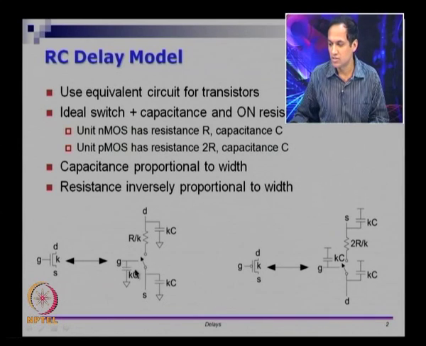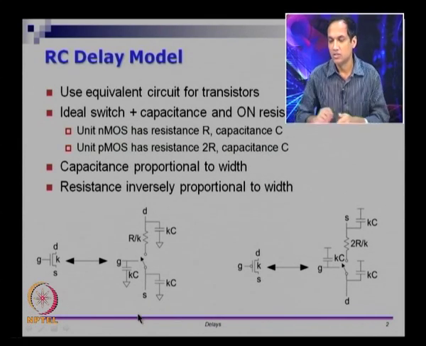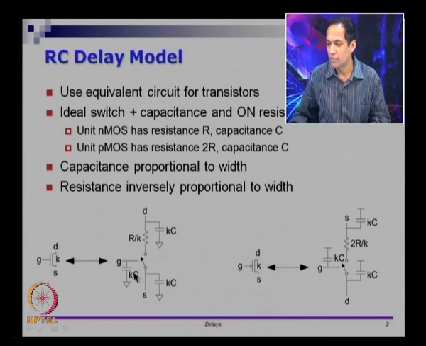In this NMOS device, I know that there are several capacitances from gate with respect to D, with respect to S and with respect to substrate. Since all these are capacitances in parallel, I could add all of them up and have that as one single capacitance here. Similarly, between the drain and substrate, I have some capacitance, and I will have that as a capacitance here.